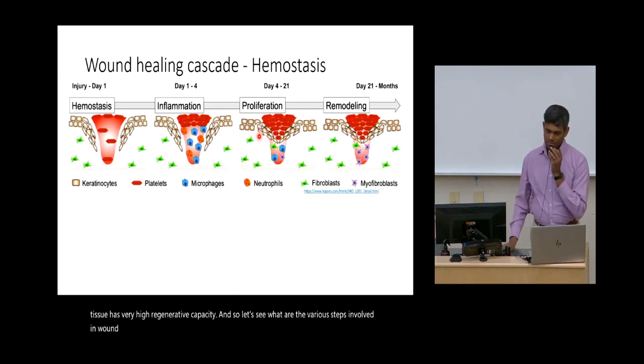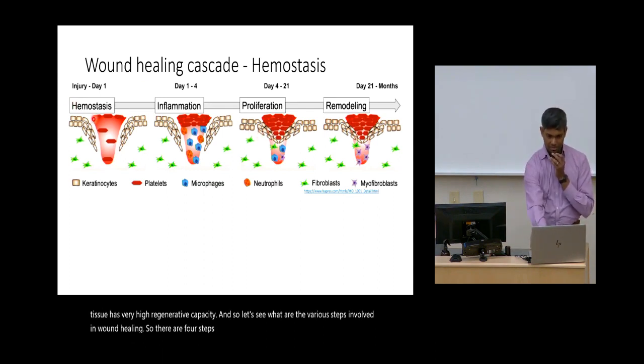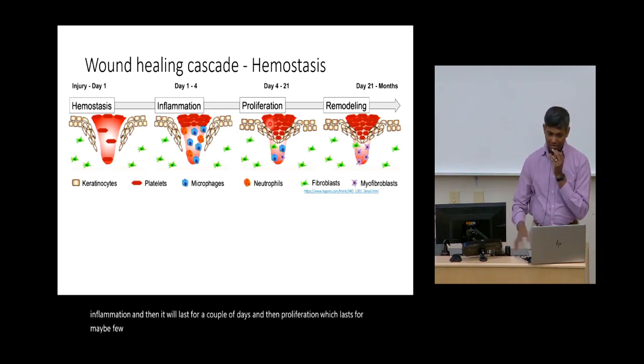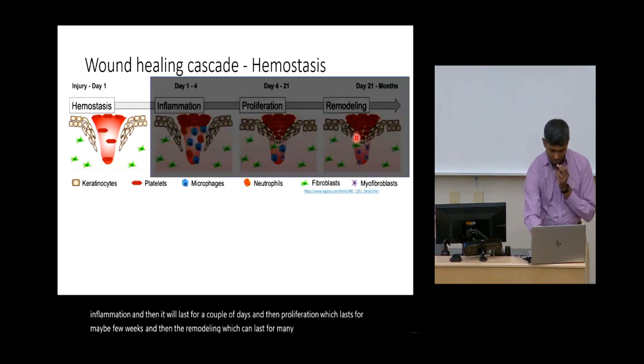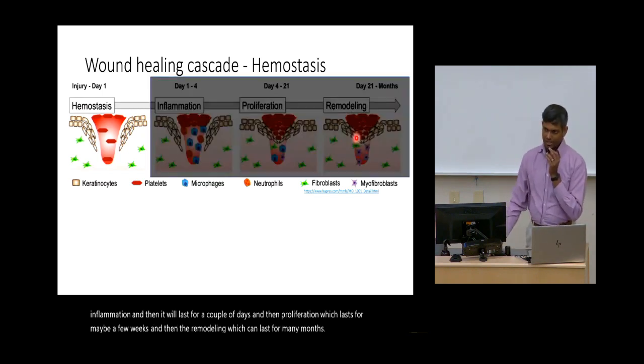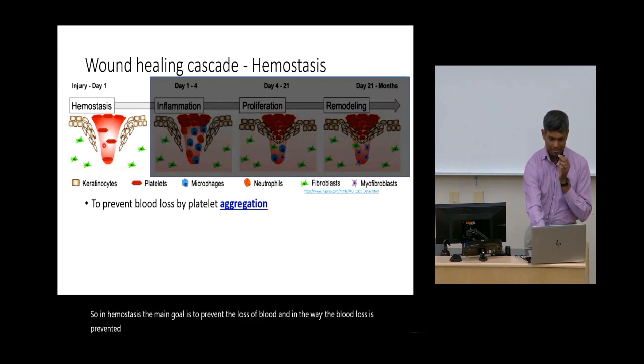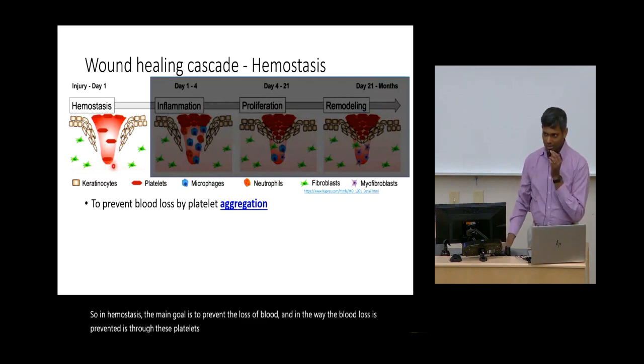So there are 4 steps: hemostasis, which happens on day 1, followed by inflammation, which lasts for a couple of days, and then proliferation, which lasts for maybe a few weeks, and then remodeling, which can last for many months. In hemostasis, the main goal is to prevent the loss of blood, and the way the blood loss is prevented is through platelets, which are found in the blood plasma.